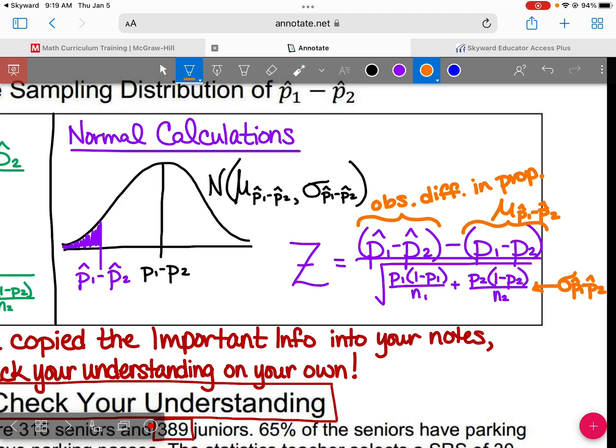If you're not quite sure how to do the check for understanding, look at what we did on number 6 and number 7 on the other page.